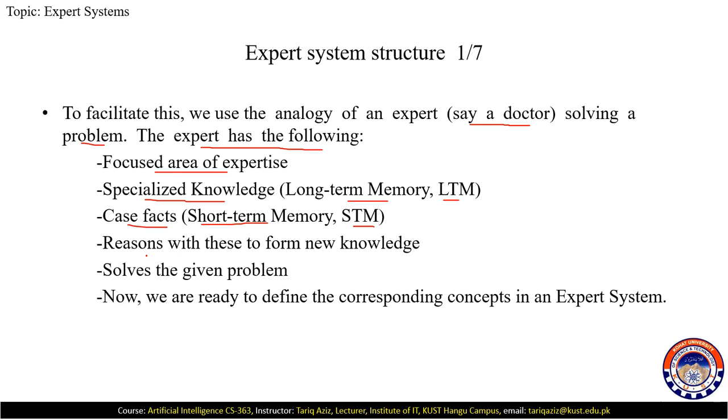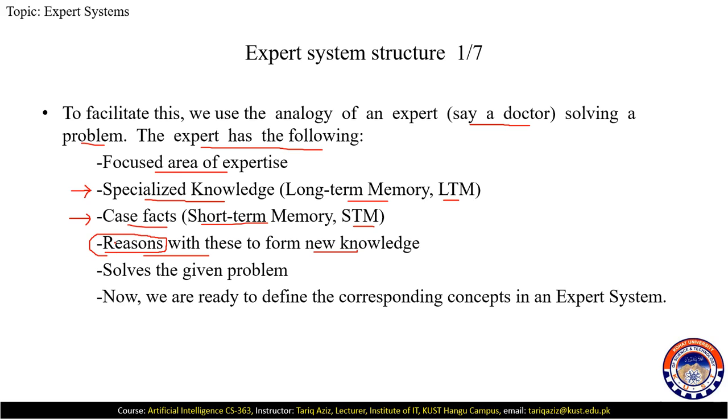And then the expert is capable of performing reasoning with these to form new knowledge. So actually the expert will use his specialized knowledge along with the current facts, and then he will perform reasoning. The question is how the expert will perform this reasoning.